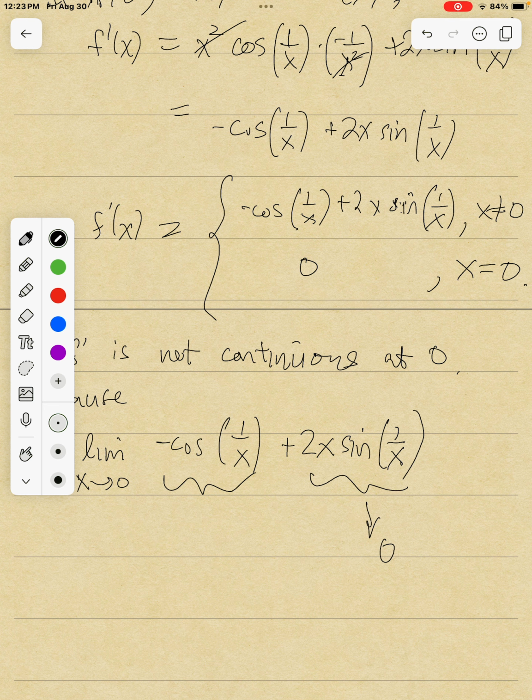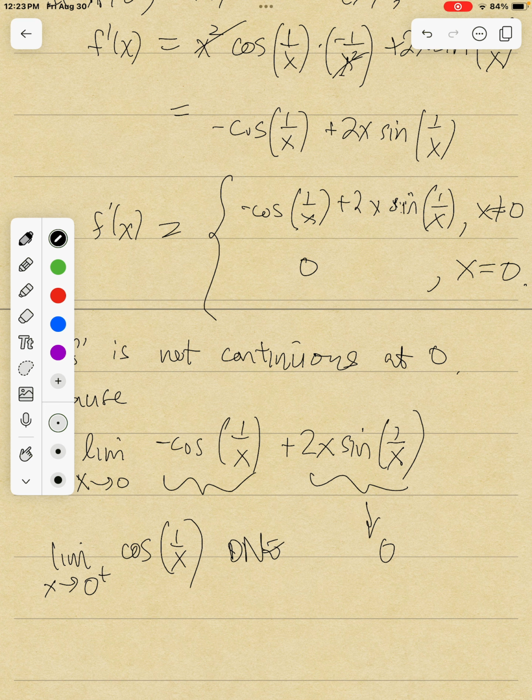So for instance, if you just look at the limit as x goes to 0 from the right of cosine of 1 over x, this does not exist, because 1 over x is going off to infinity, and cosine of that is oscillating between negative 1 and 1.